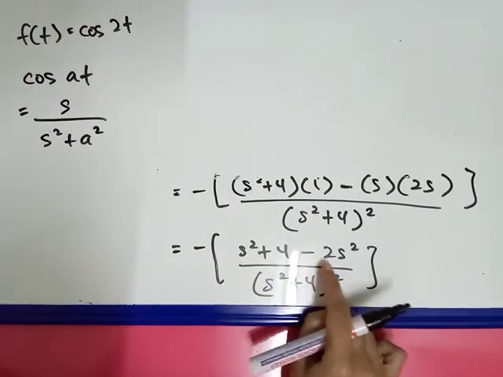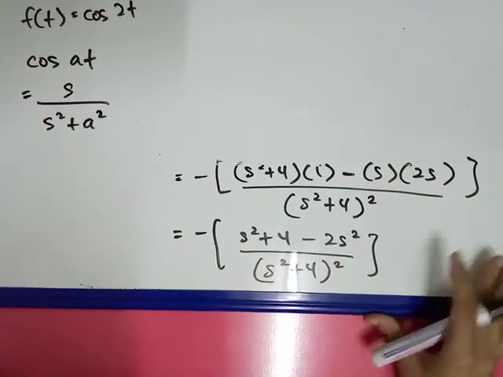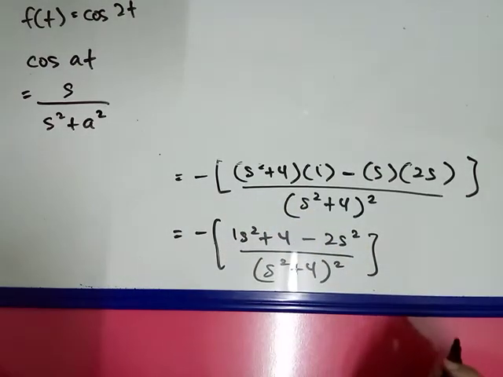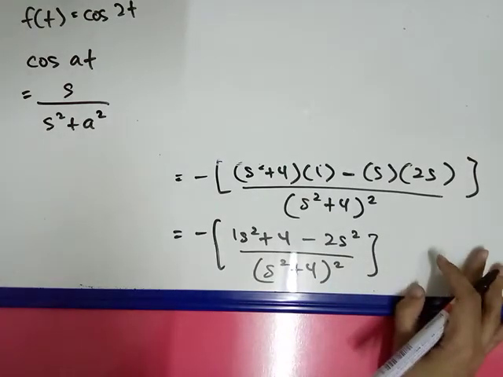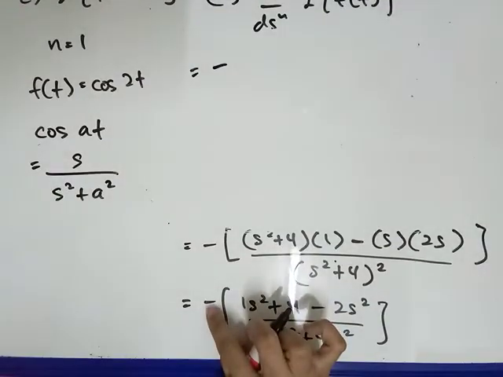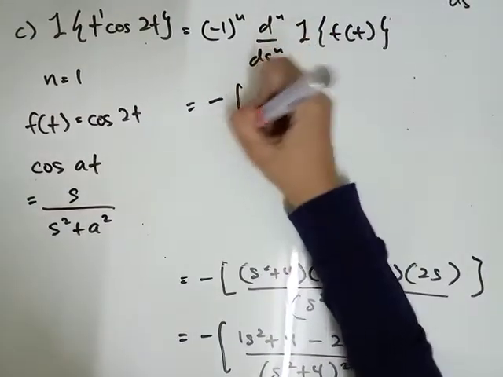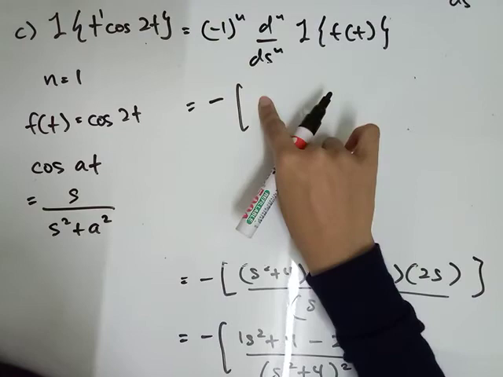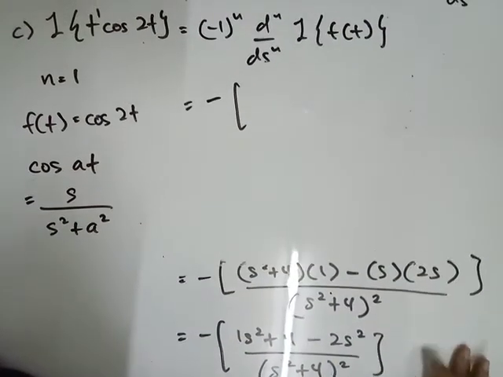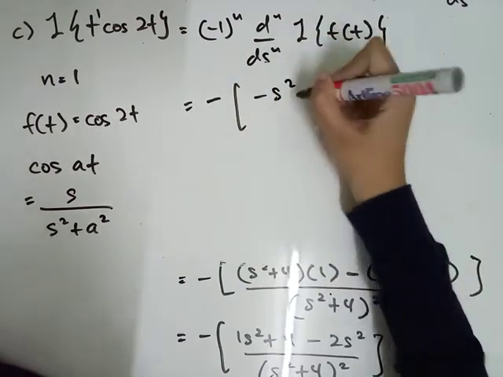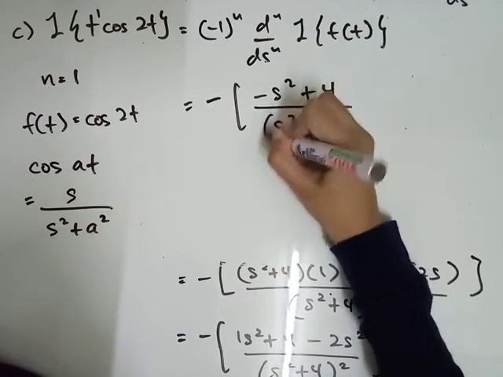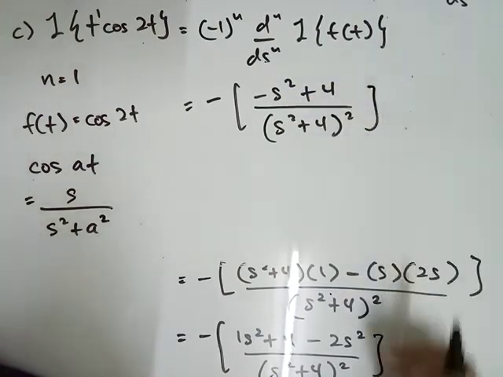S square minus 2s square. We have a coefficient 1 here, so 1 minus 2, we get negative s square, right? So we have negative here. Okay, s square minus 2s square, we get negative s square plus 4 divided by s square plus 4 power 2, right?